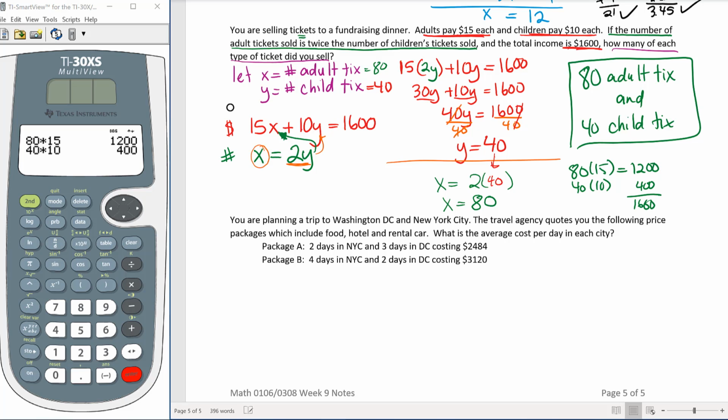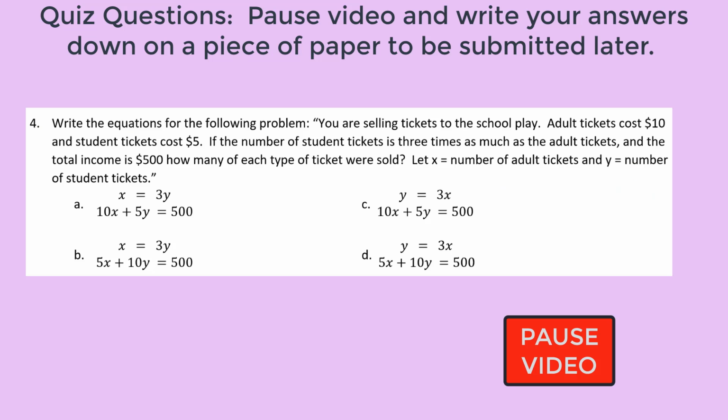Yes, it does. So the money checks out. Let's see. Is the number of adult tickets sold twice the number of children's? 80 is twice as much as 40. So just by reading the word problem, I was able to check my work.